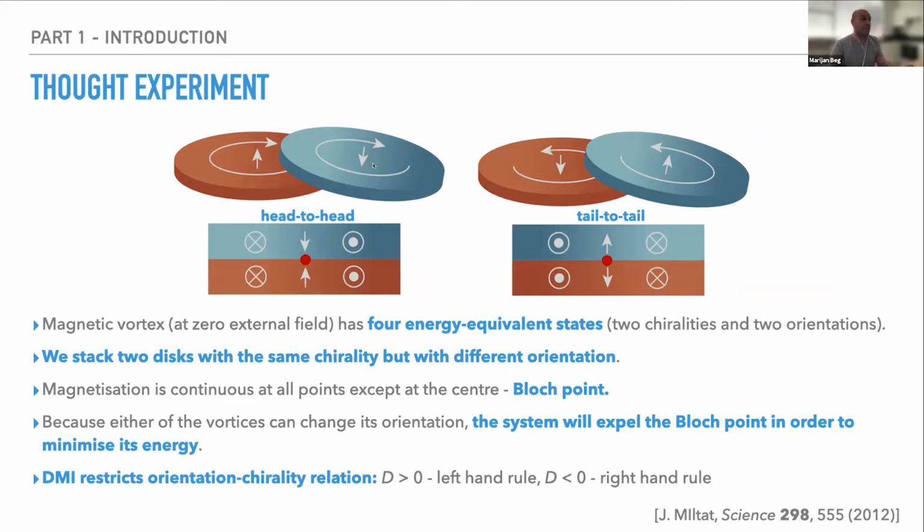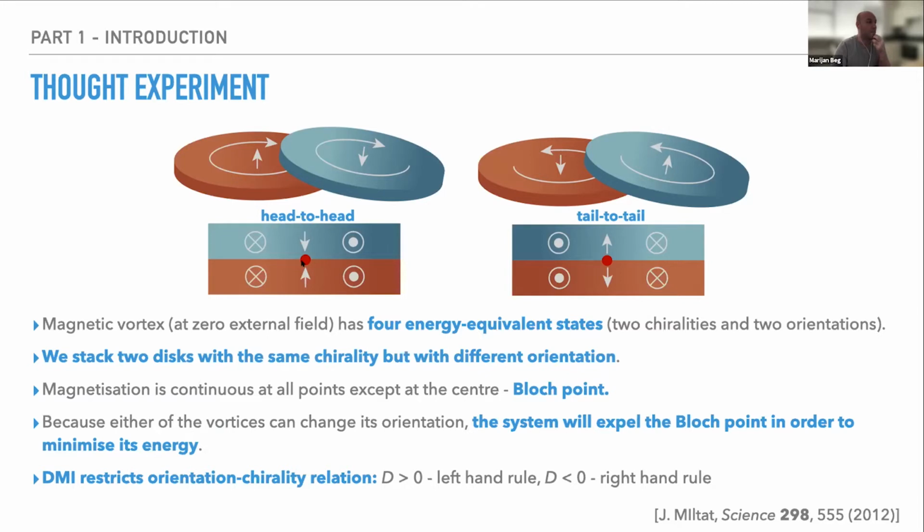Now, if we put on top of each other 2 vortices that have the same chirality, let's say clockwise, but different core orientations, we end up with a magnetization field that is continuous everywhere, except at the point in the middle. And that point is a Bloch point.